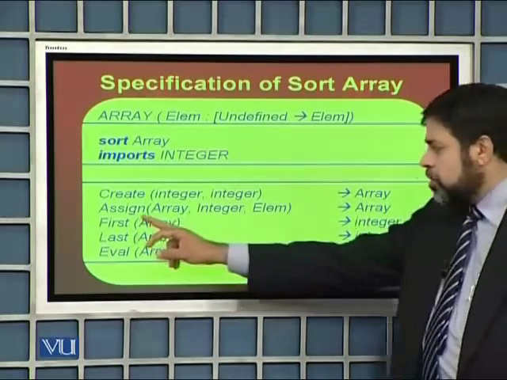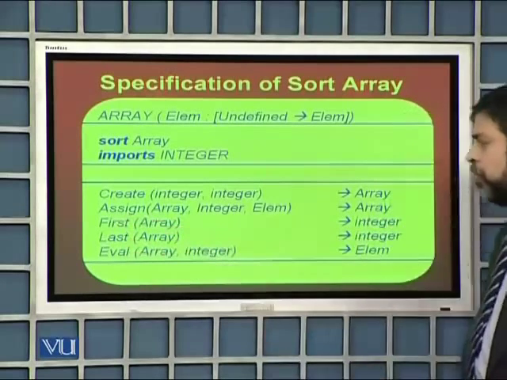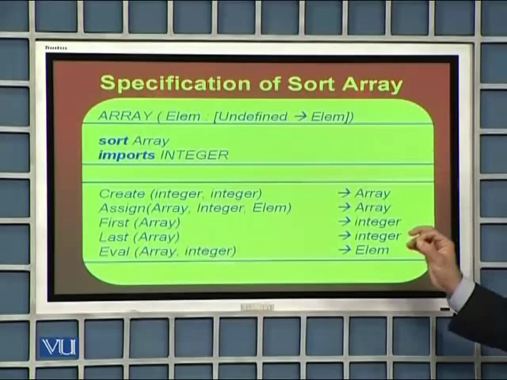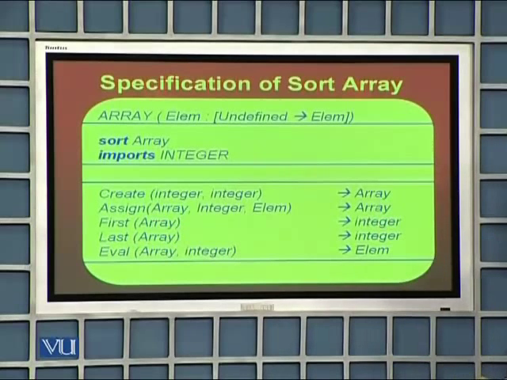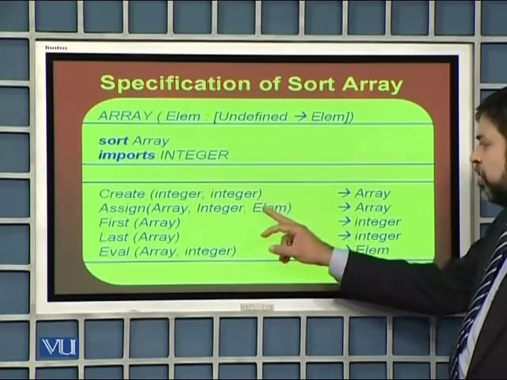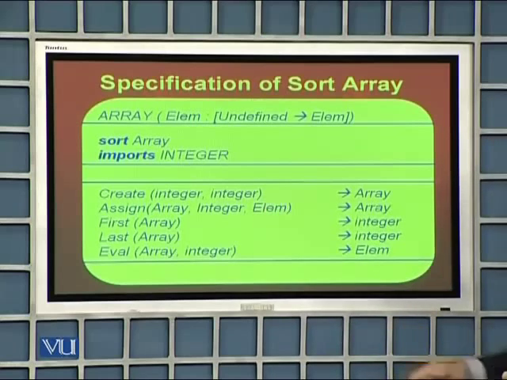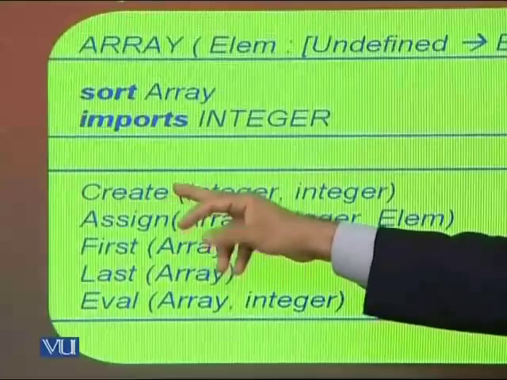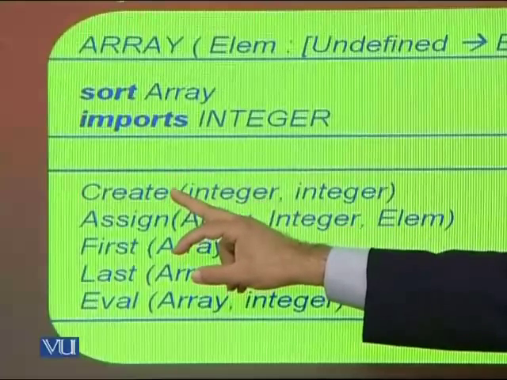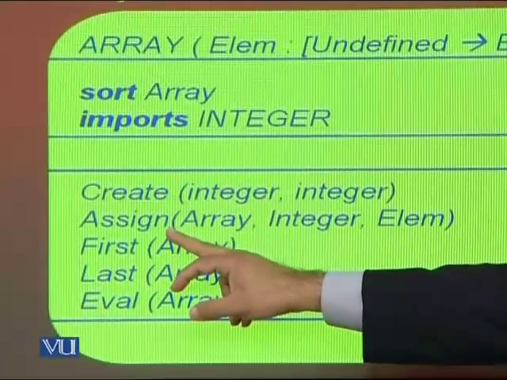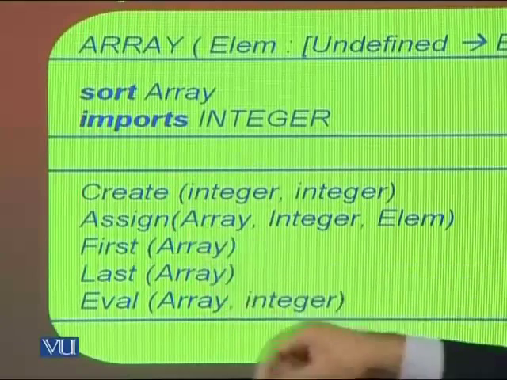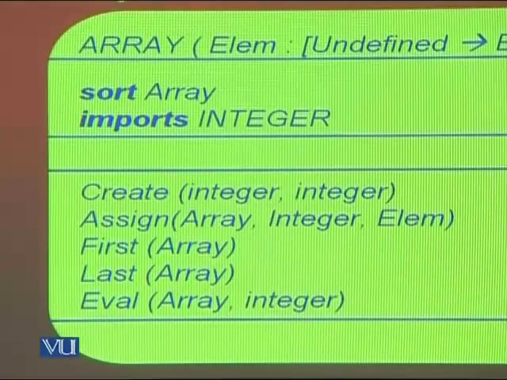These three methods, first, last, and eval, do not change the state of the array. So the first two methods change the state of the array. In the first case, it is kind of a constructor. It is creating the array, and here you are changing the state of the array by putting a new value at some index, some place in your array.